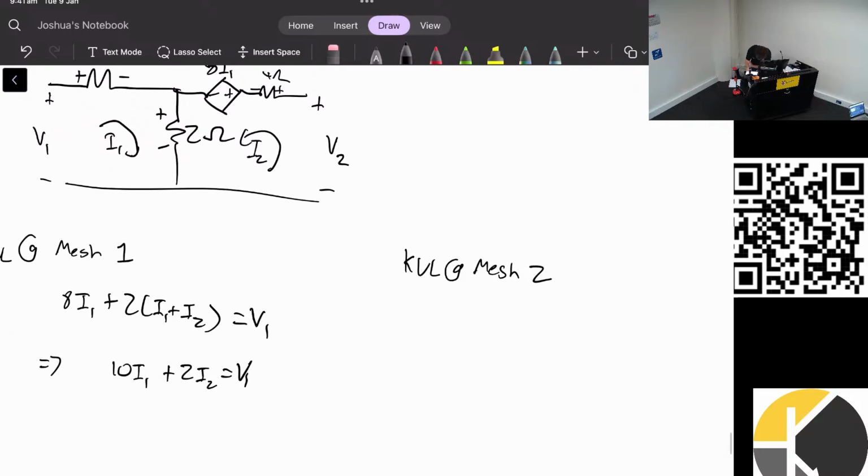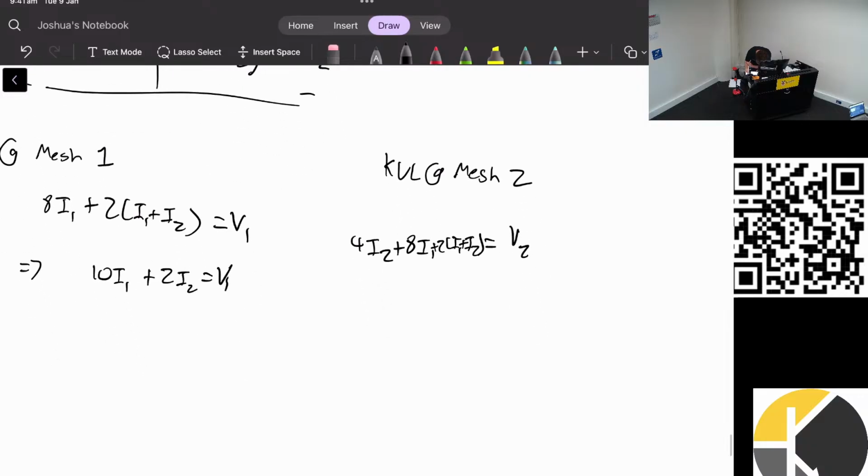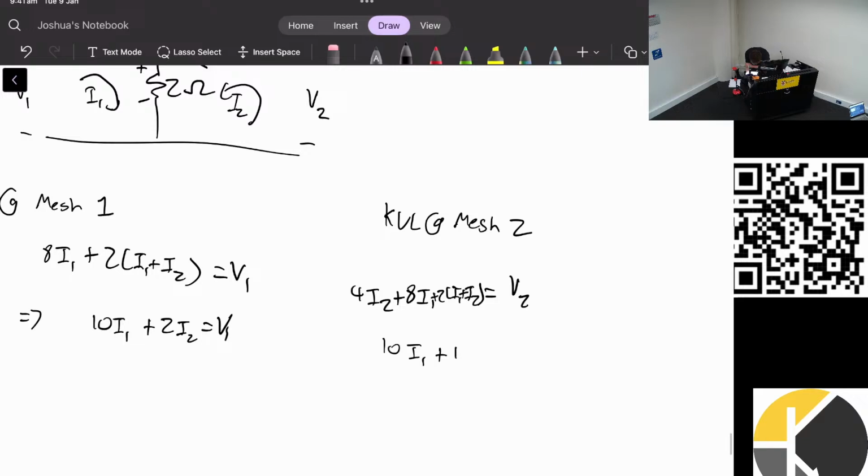Let's just finish this. So V2 is equal to 4i2 plus 8i1 plus 2i1 plus i2. If we collect the terms, we get 10i1 plus 6i2 equals V2.